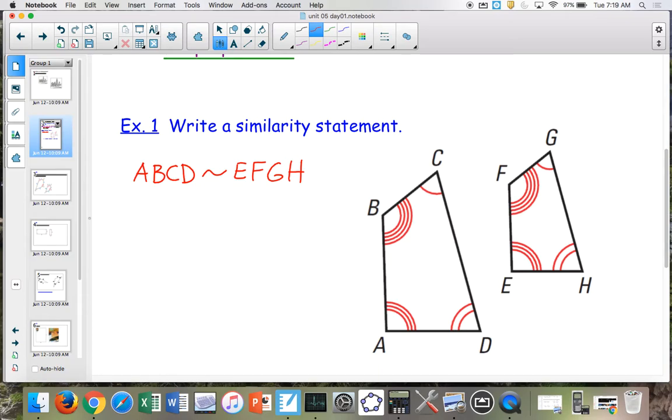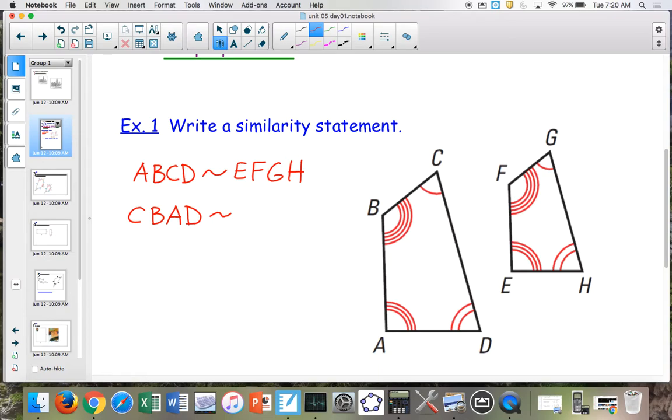Now it's important that we match up the corresponding letters. It didn't matter that I started with A for my first polygon. I could have written the first polygon almost any way I like. I could start with any letter and either go clockwise or counterclockwise. So for example, C, B, A, D. But then I have to make sure that I match it up in the right order with the other polygon.